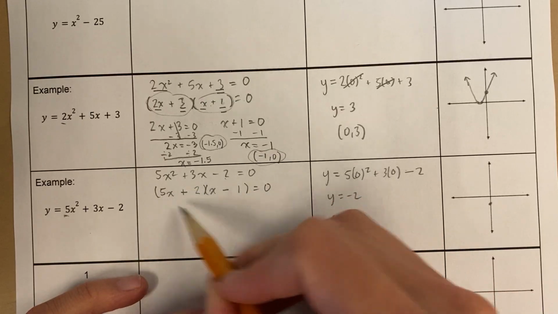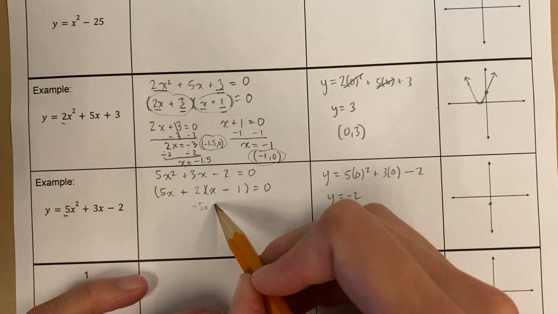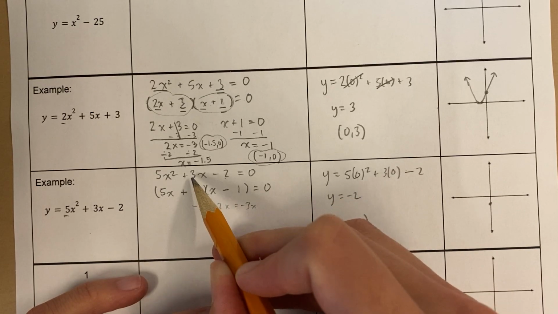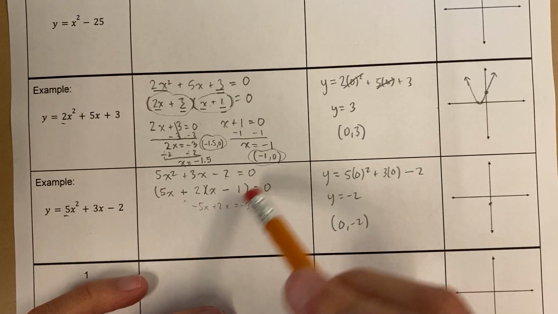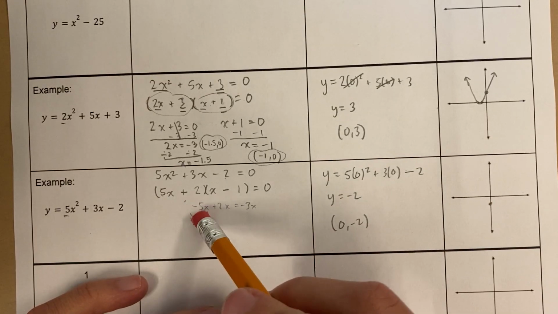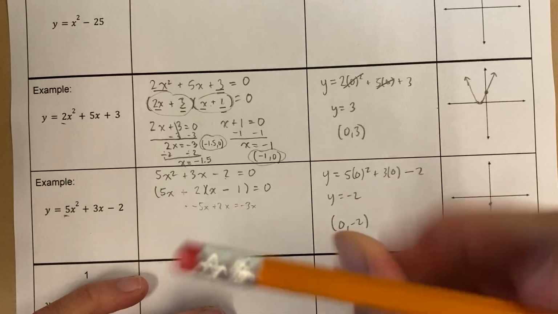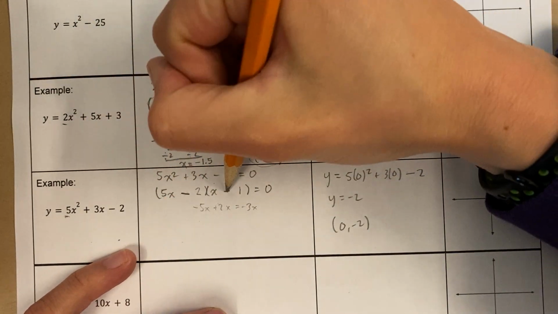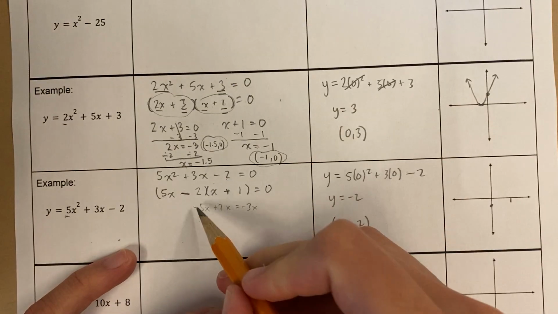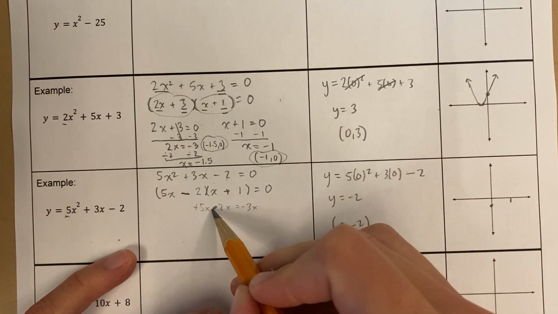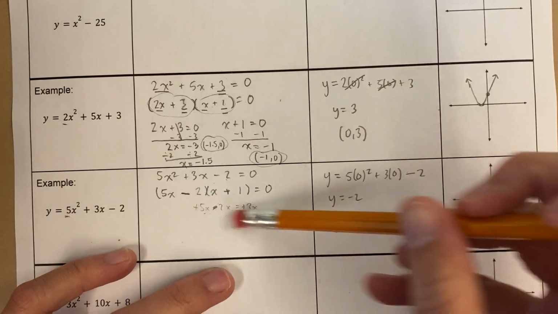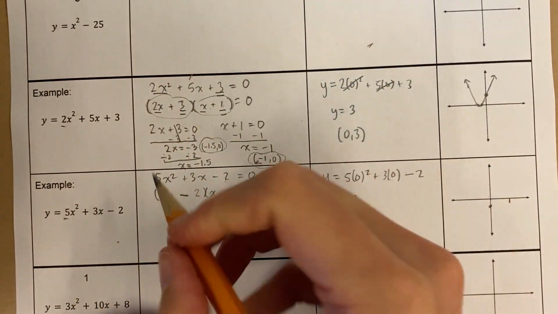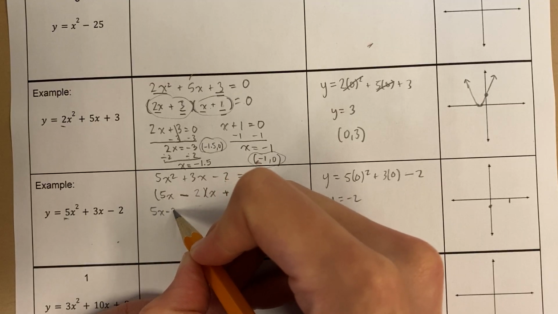Multiply, I get 5x times negative 1, that's negative 5x, plus 2x. That's negative 3x. I want it to be positive 3x, so I realize the numbers are good, but I want this to be positive 5 and negative 2. So I'm going to switch the signs. I'm going to make this negative and this positive. Then when I multiply, this will be positive 5x minus 2x, and that'll be positive 3x.